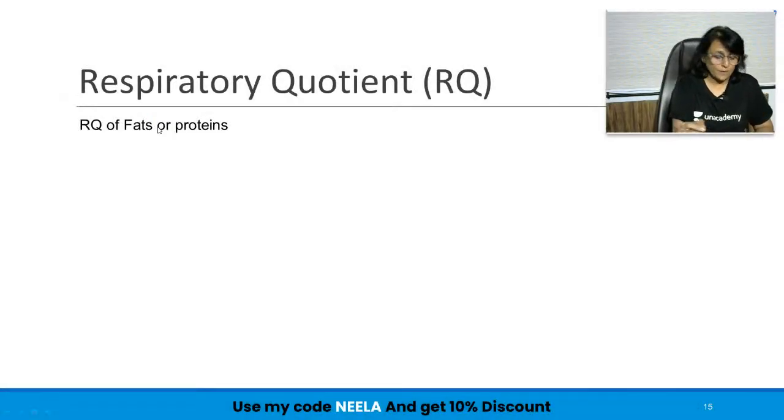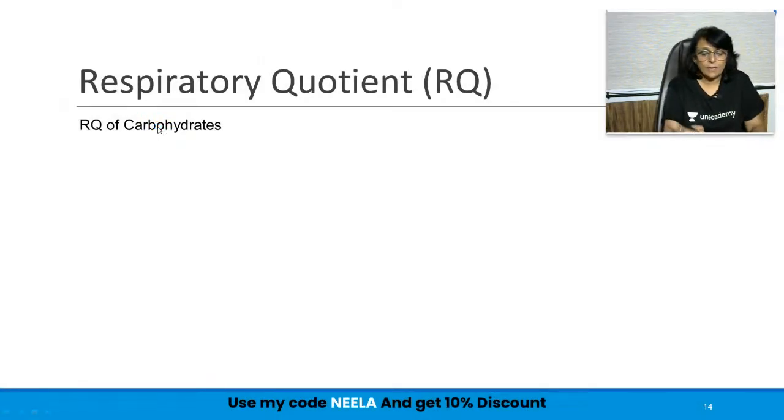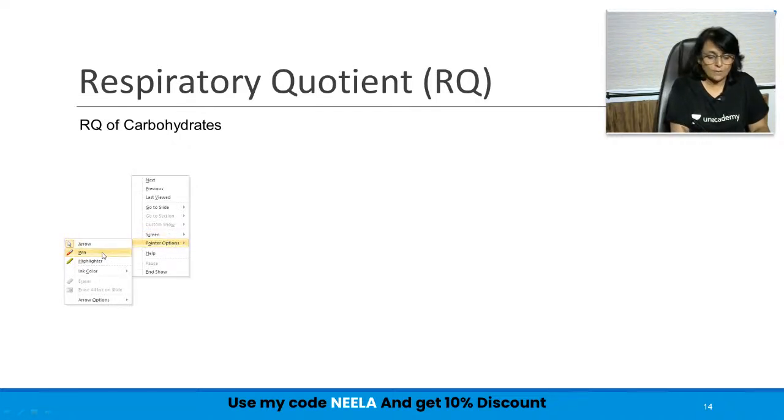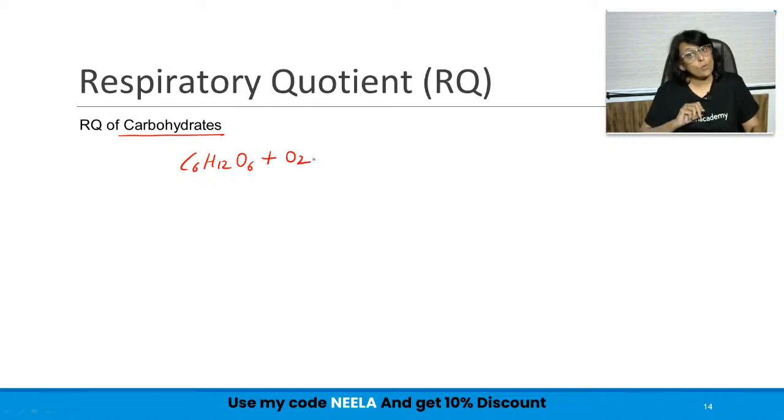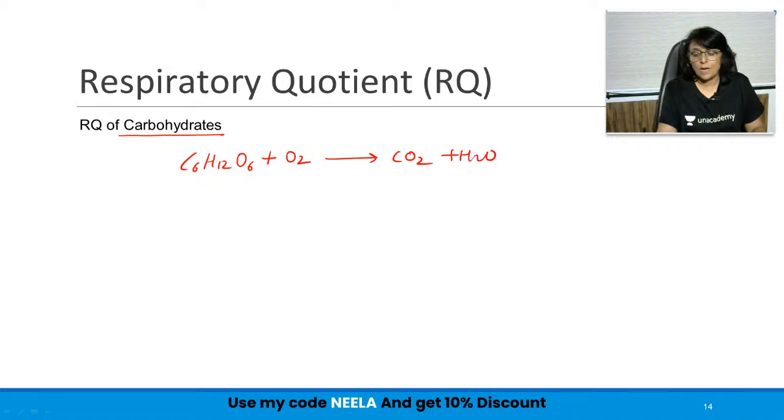So the first thing is we are going to calculate the RQ of carbohydrate. Carbohydrate means glucose. So C6H12O6 plus O2. This is aerobic breakdown, and carbon dioxide and water are given out, plus energy is also produced. Now if you balance this, it is going to be 6O2, 6CO2 and 6H2O.